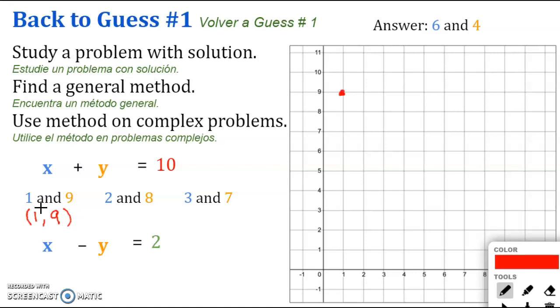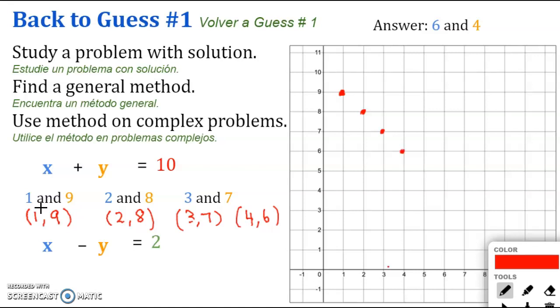The second, 2 and 8, is going to be (2, 8). 2 is my x coordinate because that's my blue, y is the 8, and then (3, 7), and so on. (2, 8) is right here, (3, 7) is right here. Okay, what do you notice? If I actually kept on going, it would be (4, 6), and so on, right? So I can even put in another dot.